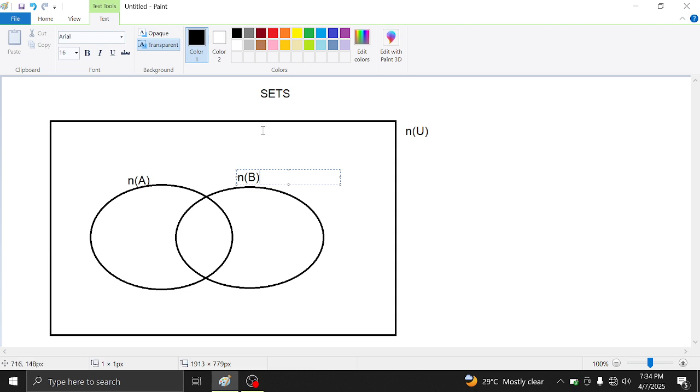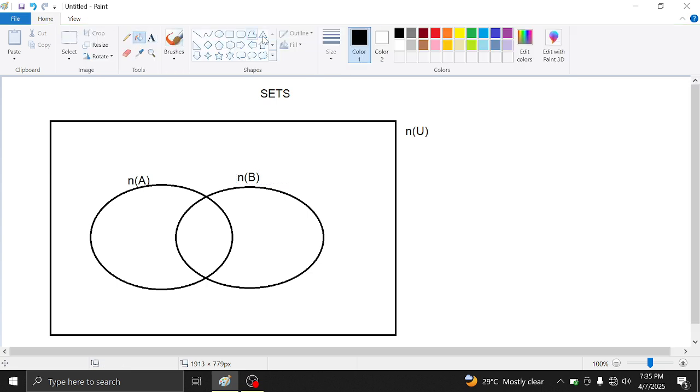And now let me shade some parts of it. Let me go to Home and pick some colors. Let's say blue, and here yellow, and here black.